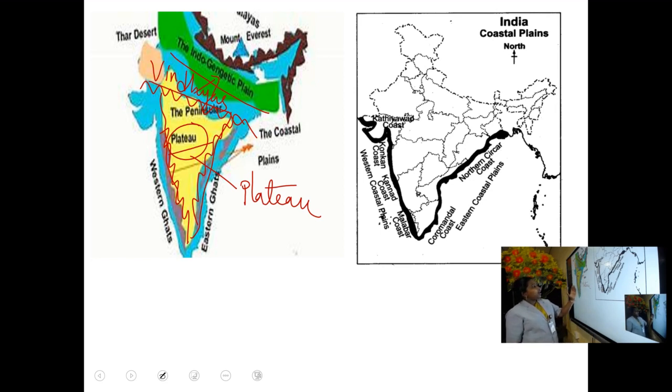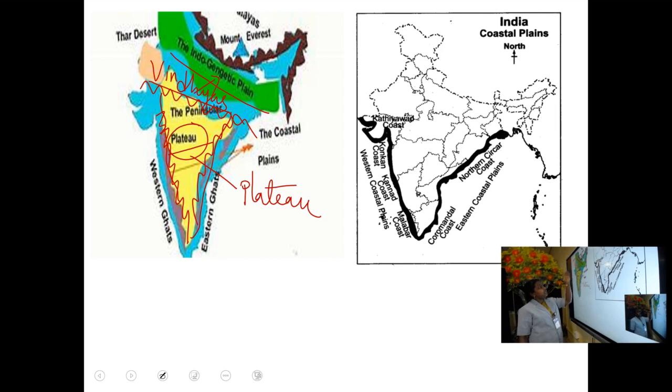And in the eastern part of the plateau region, we can see the eastern hills or the Eastern Ghats, and in the western part we can see the Western Ghats. So we can say that the Deccan Plateau, the plateau region, is surrounded by hills.